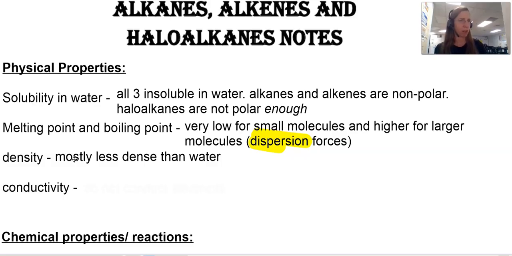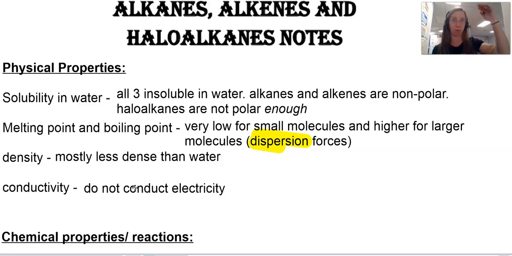Those are quite large molecules, but they are less dense than water. Again, this is partly because they don't hydrogen bond, so the molecules are not held tightly together. So as a general rule, all alkanes, alkenes, and haloalkanes are usually less dense than water and they would float on top of the water.